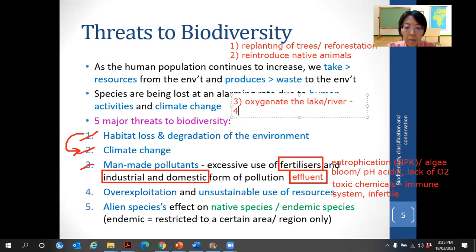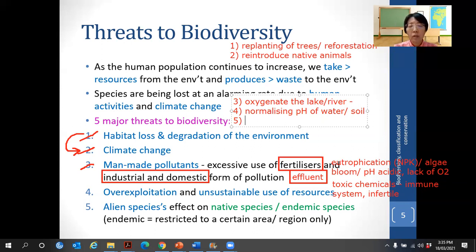And what about the pH? Normalizing the pH of the water or the soil if it becomes acidic because of certain chemicals that we use. So you can normalize the pH of water or soil using some mild basic chemicals like sodium hydrogen carbonate, say for example.